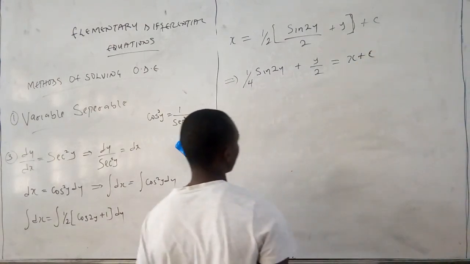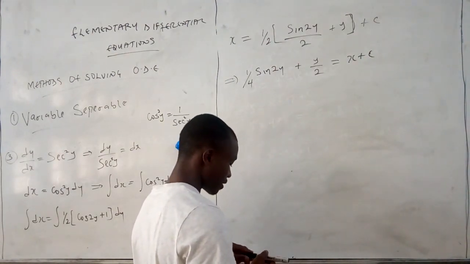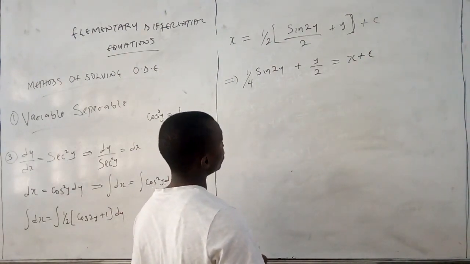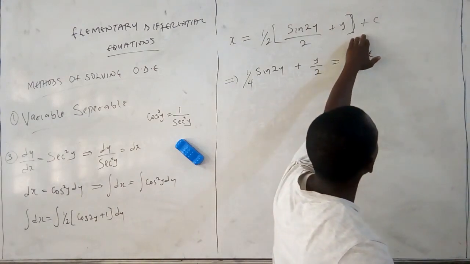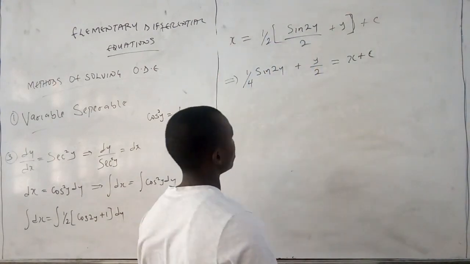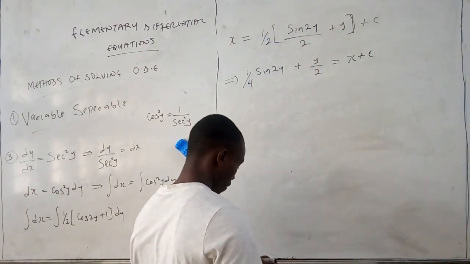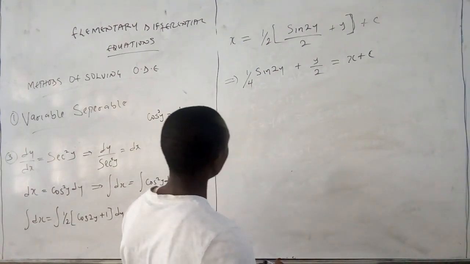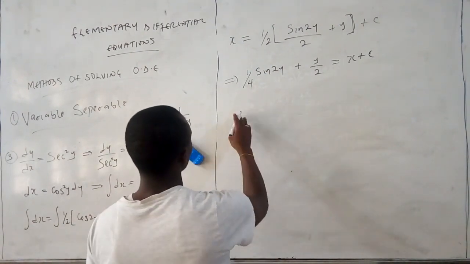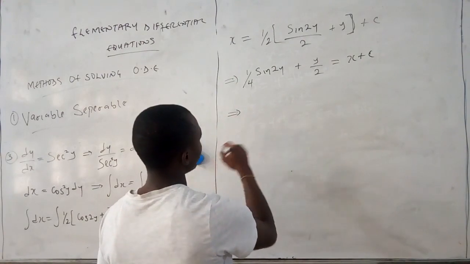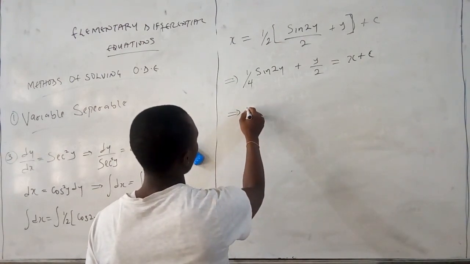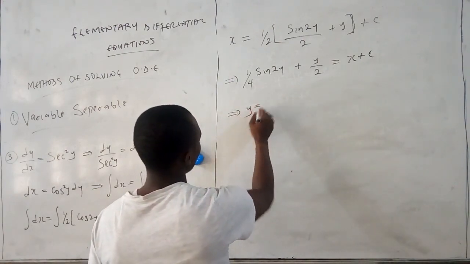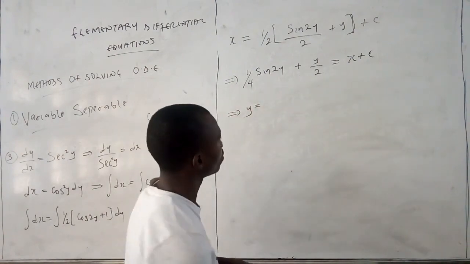Constant of integration never carries a negative sign. It is always positive. So be it on the left hand side or on the right hand side, it is always positive. Then by simplifying, you multiply through by 2.